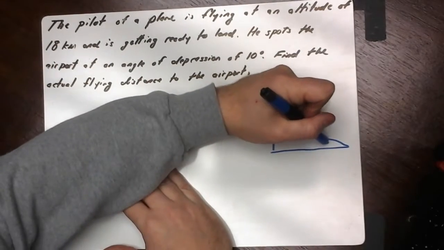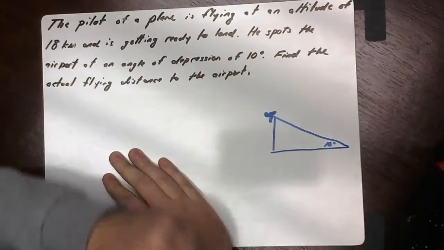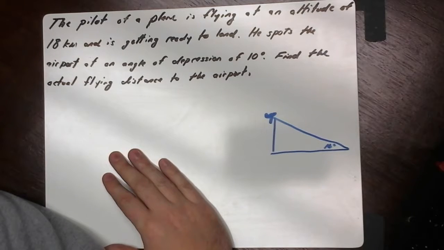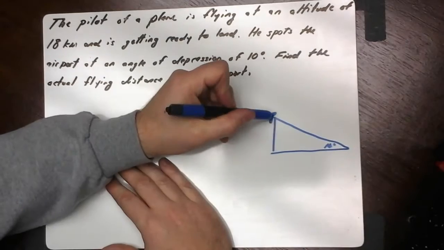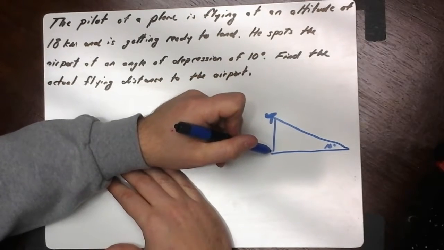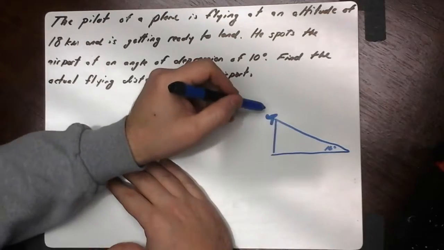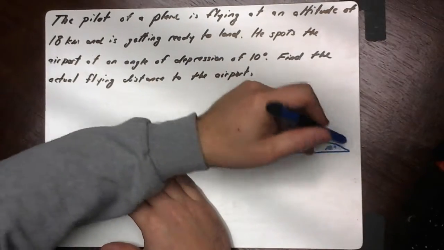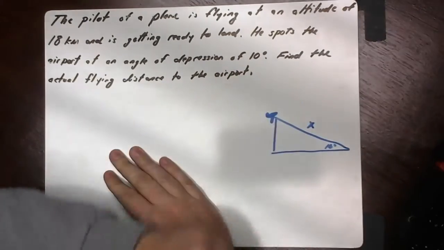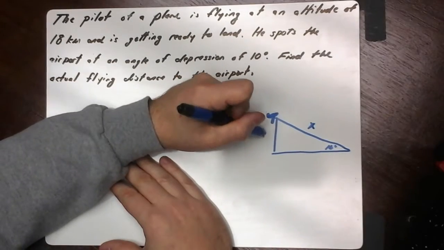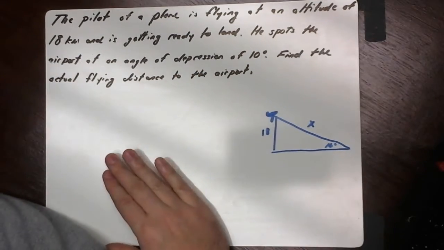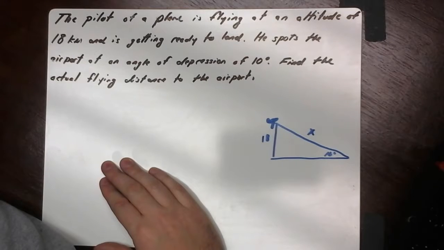So I can just put 10 degrees down here. And what's the actual flying distance? The plane is not going to fly down, then drive or roll on the ground to the airport. It's going to fly this way. So that's x. And then the airplane is 18 kilometers high.